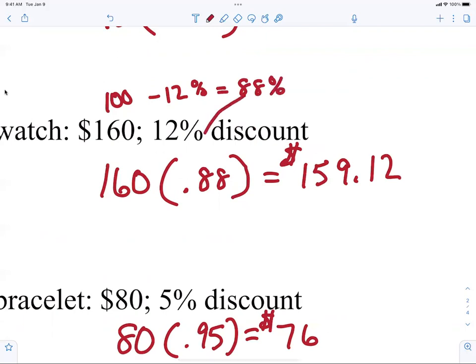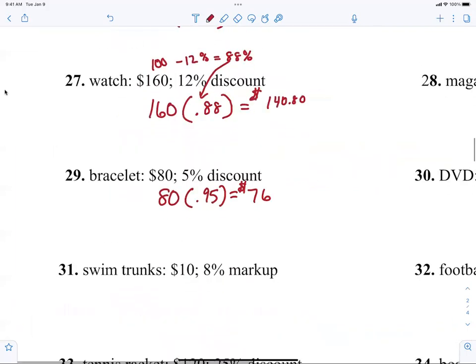Then you multiply by that decimal 0.88. Yes. So do that for me and tell me what it is. 140.8. Yeah, $140.80. Who did 29? I did.